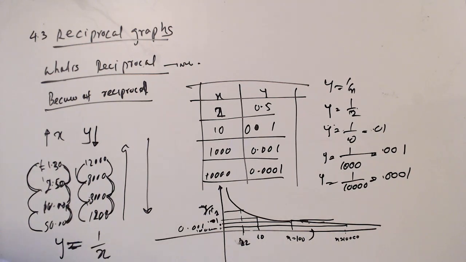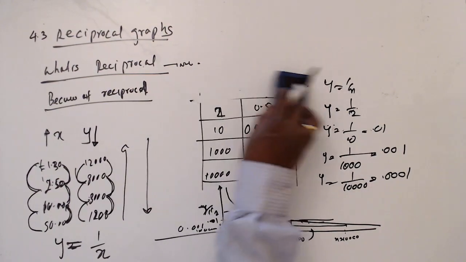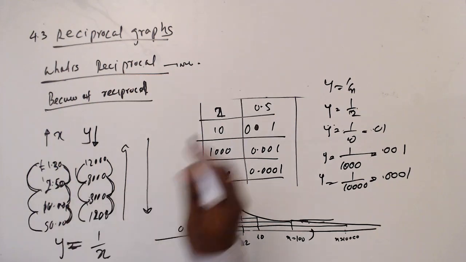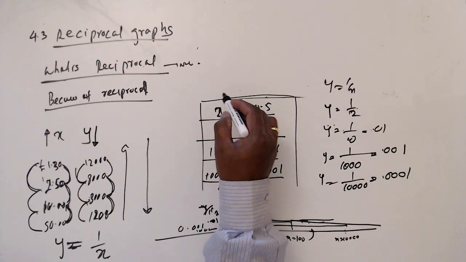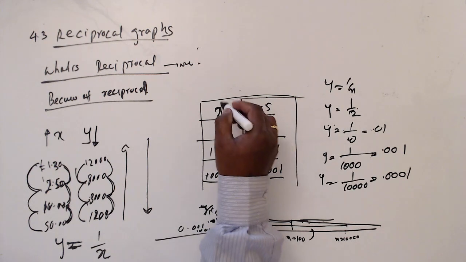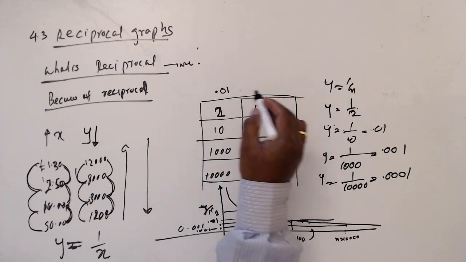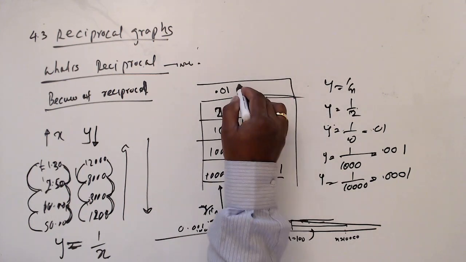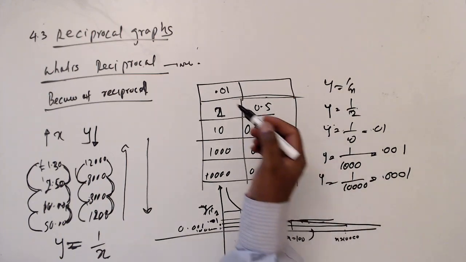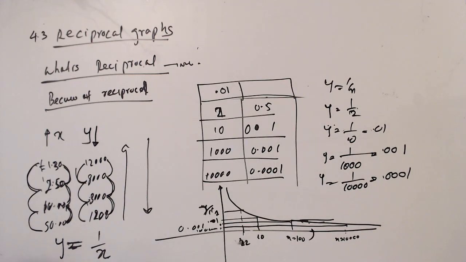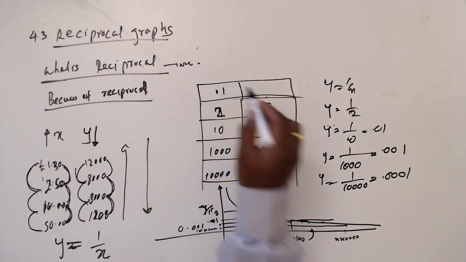Now, what will happen? The x value is getting smaller now. The x value is 0.1.